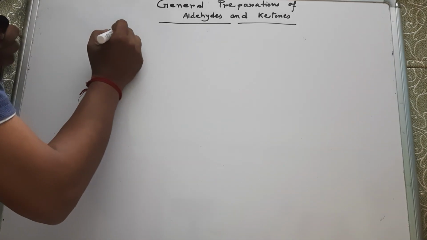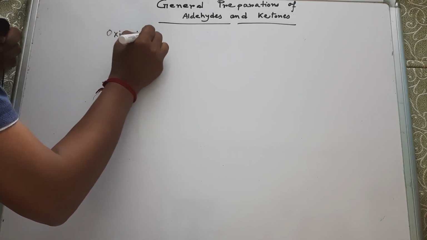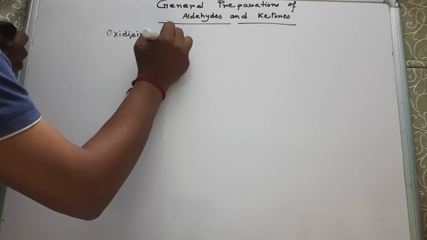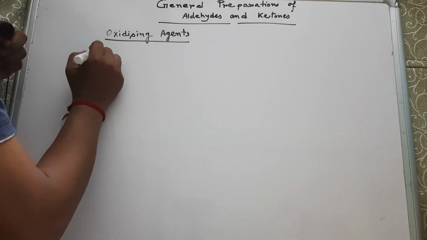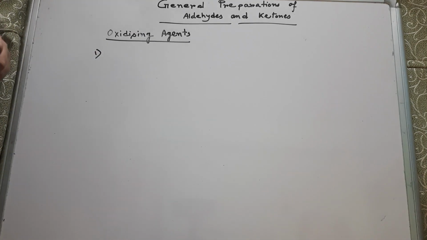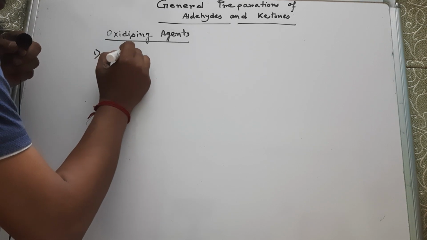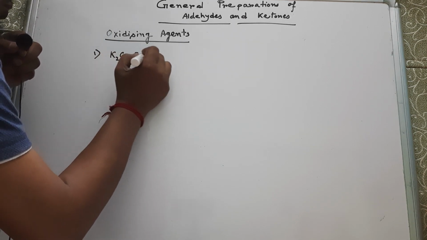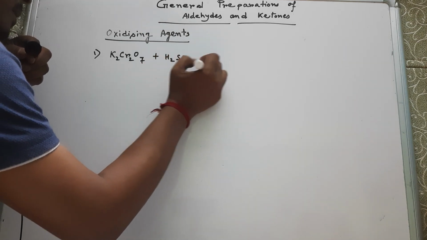So what are the oxidizing agents? Number one, potassium dichromate, K2Cr2O7 plus H2SO4, and heat.